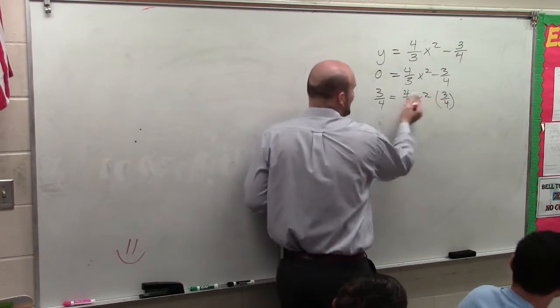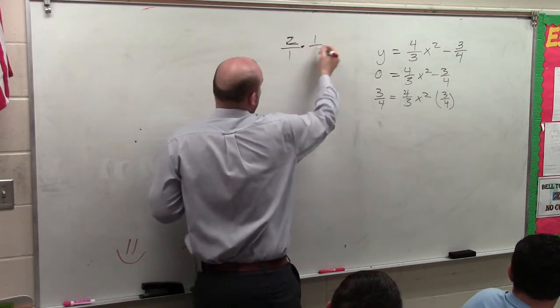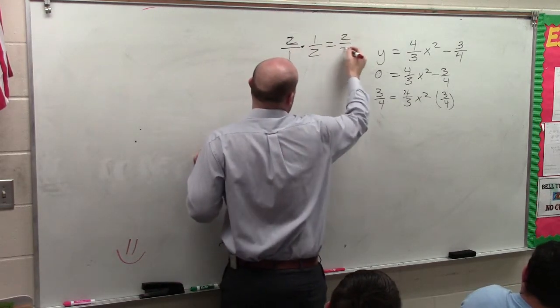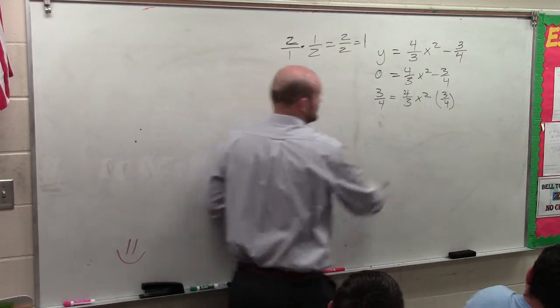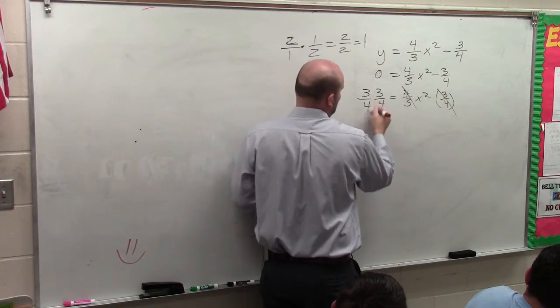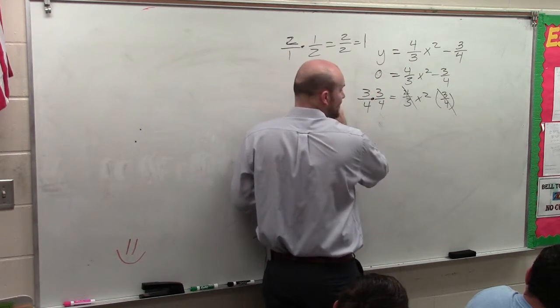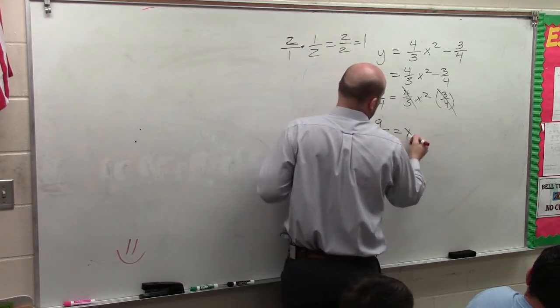So when you multiply any fraction by its reciprocal equals 1. Right? So that multiplies now to 1, and I multiply 3/4 over here. When you multiply fractions, you multiply directly across, equals 9/16 equals x squared.